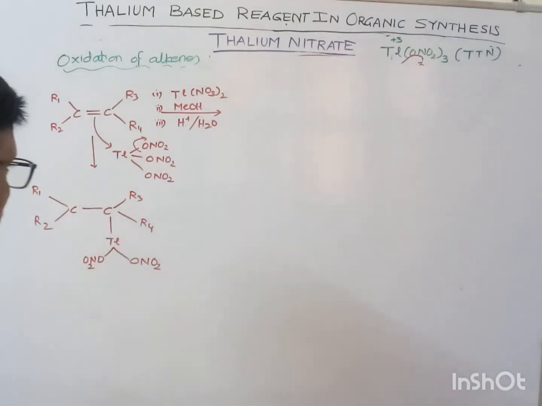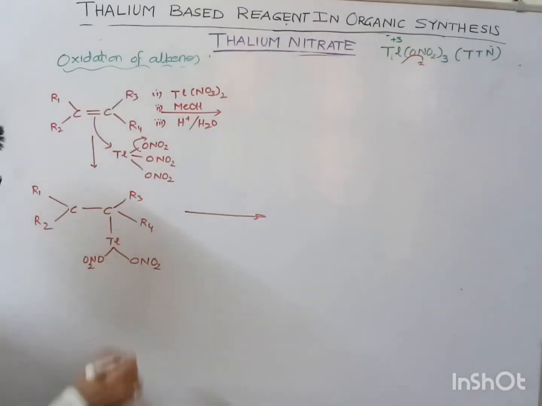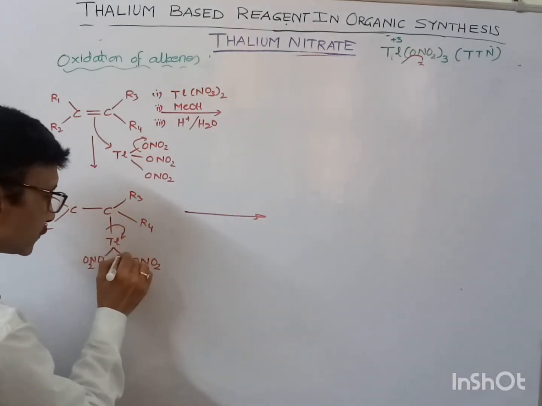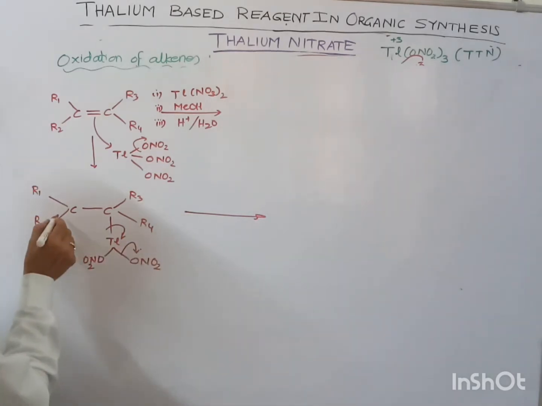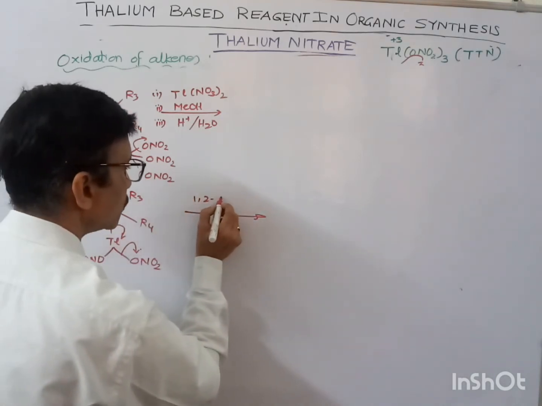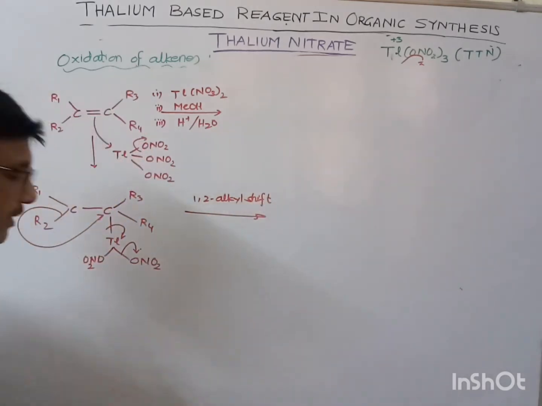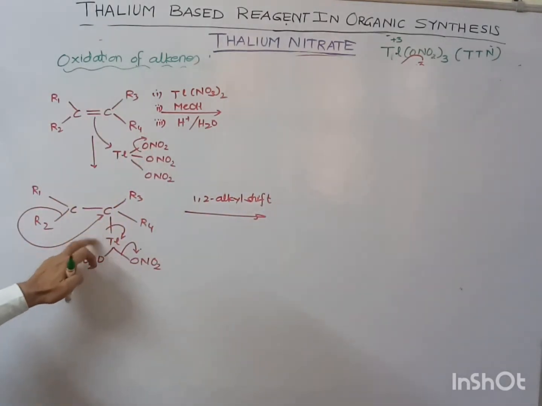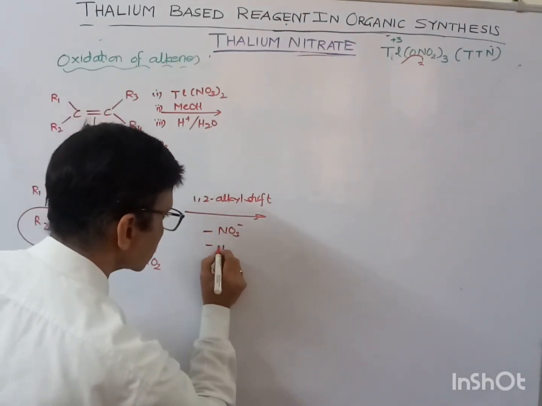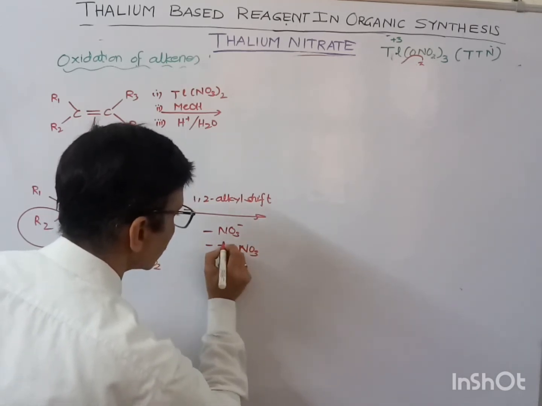In the next step, as I told you, this carbon-thallium bond will break, another group will leave, and a 1,2 alkyl shift may occur, with nitrate ion and thallium in the +1 oxidation state.